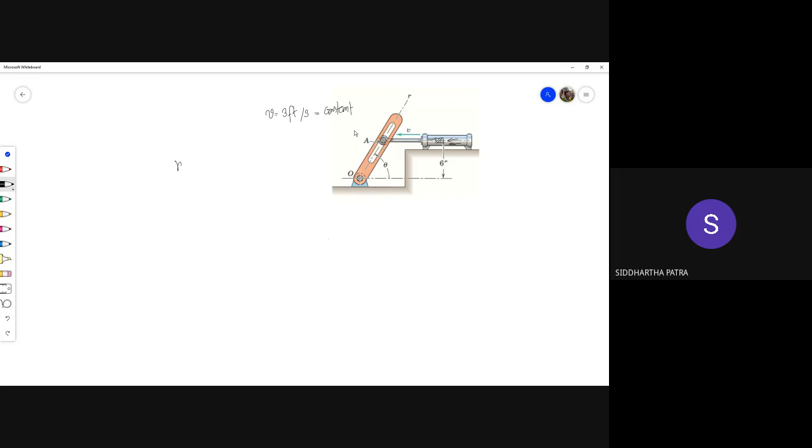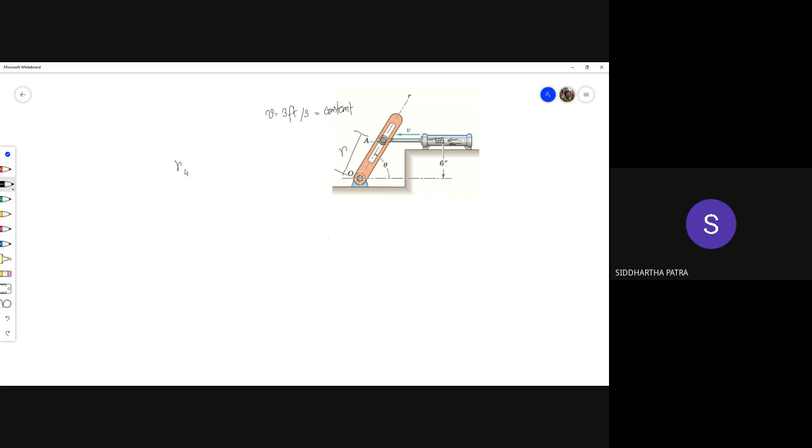Now the position of A with respect to O, measured along the slotted arm, is r, and the angle that the slotted arm makes with the horizontal is theta.